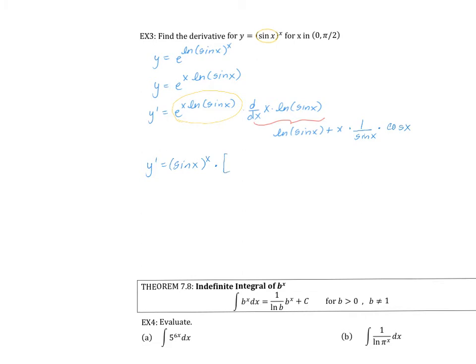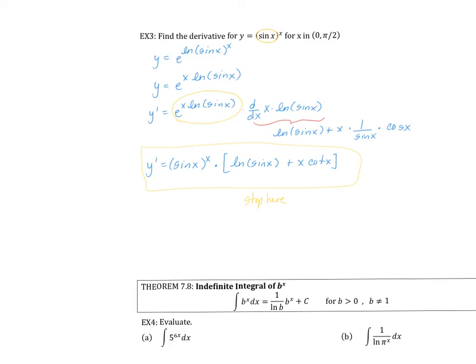This is all one piece, natural log sine of x, so don't forget your parentheses or brackets, plus x times cosine over sine. I could write that as cotangent and it will look a lot nicer. Okay, so there's no need to distribute the sine of x to the power of x. You can stop here.